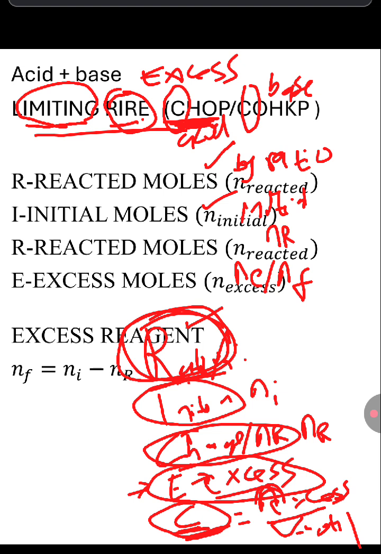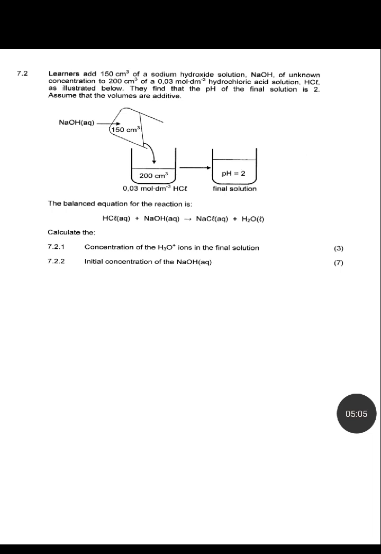Okay, so let's get into it and see how it works. In this case, you are already given the pH of the final solution.